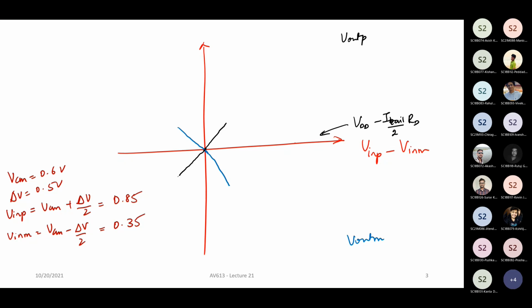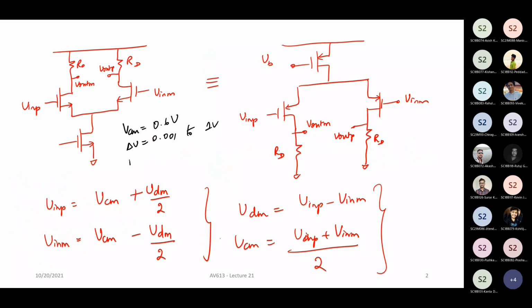Now, if you have V in P equal to 0.85 and V in M equal to 0.35, and your nominal threshold voltage is around 400 millivolt, what do you think will happen to V out P? If you annotate it here, this is 0.85 and this is 0.35.